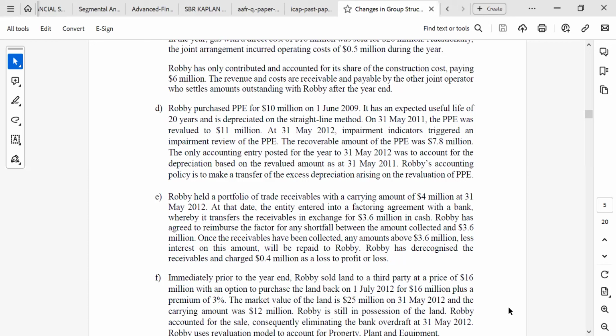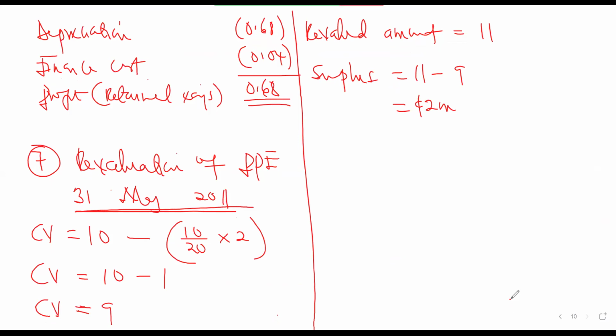So the question now is, after a year, the revaluation was done on 31 May. After a year, we need to carry out an impairment test on the assets. So when are we carrying out the impairment test? It's at the end of the year, which is 31 May 2012. But the 11 million that we have over here is from 31 May 2011.